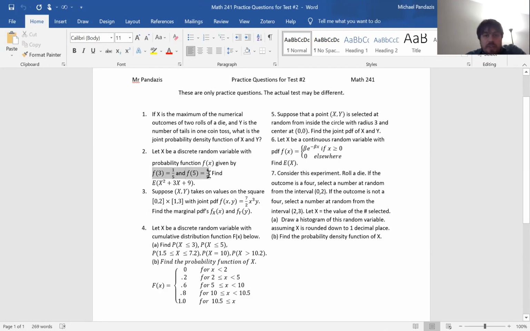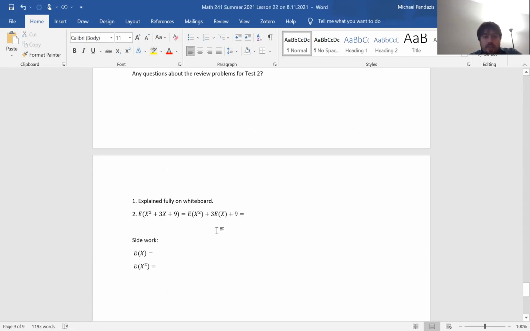Okay, so the PDF: f of 3 is 1/5, f of 5 is 4/5, right? And that's the PDF given to you in the problem. You are given in the problem that f of 3 is equal to 1/5 and f of 5 is equal to 4/5.